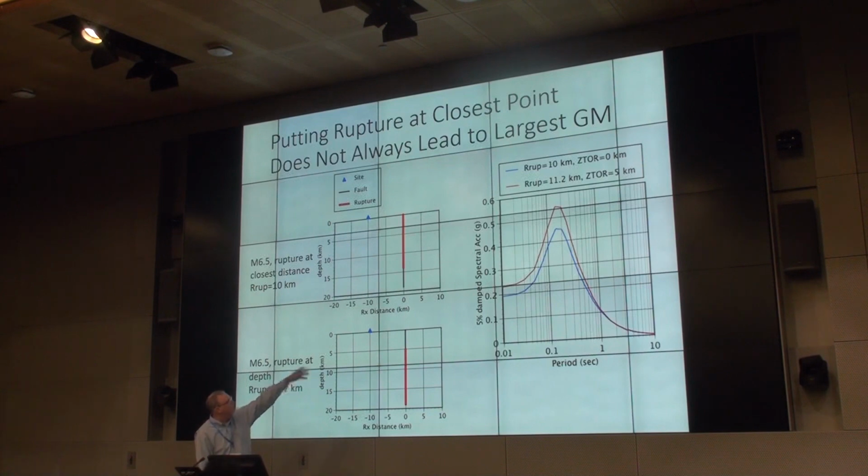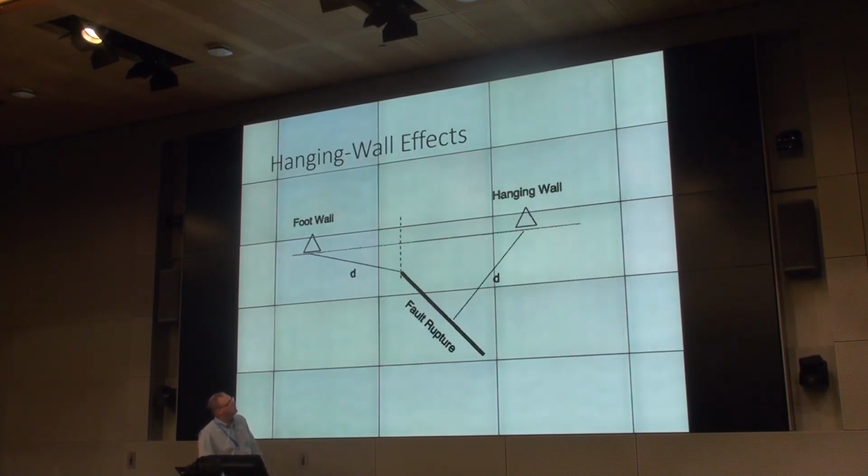And on the bottom here, if I take that rupture and push it down, it's a little bit further away, but it's deeper, my ground motions go up. So now your deterministic analysis gets a little more complicated because closer isn't always larger. All right, so in a probabilistic analysis, this is easy. The computer will do all that stuff for you. We now have to pay a little bit more attention when we do deterministic studies.